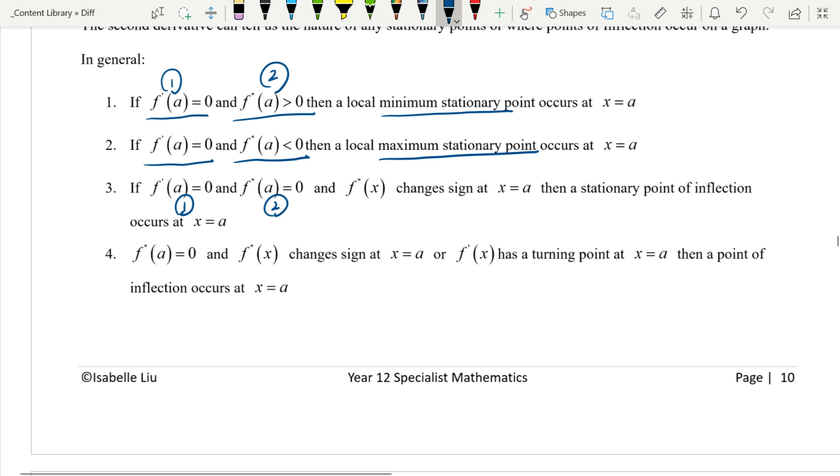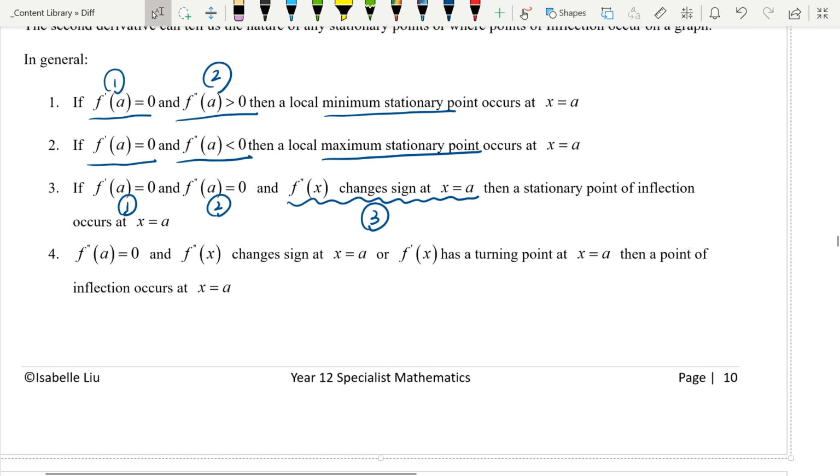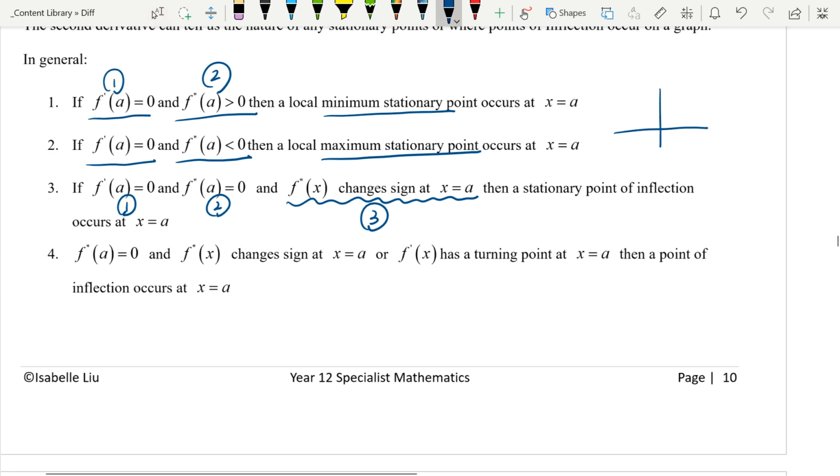Think about the graph in the right hand side corner. But there's a third condition, and you must check it: the second derivative changes sign at x equals a. So your a is here, and left hand side and right hand side must change sign.